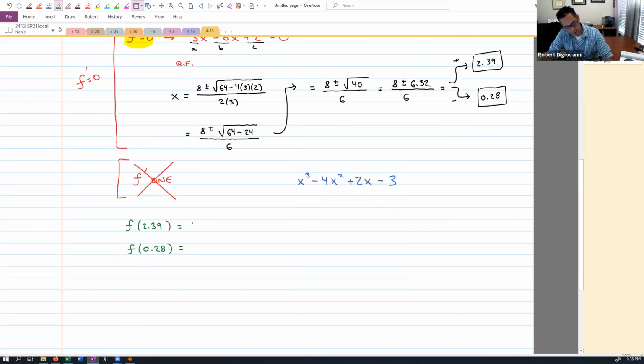So what I need to do here is take 2.39 cubed minus 4 times 2.39 squared plus 2 times 2.39 and then minus 3. And I need to do that on my calculator to figure out what I get. I think it might be useful for you to have your calculators at the ready from here on out in this class.